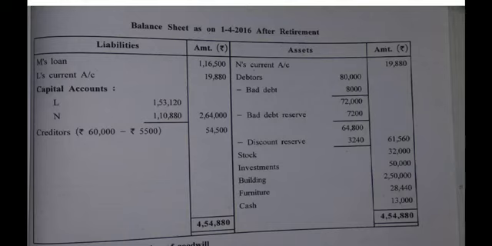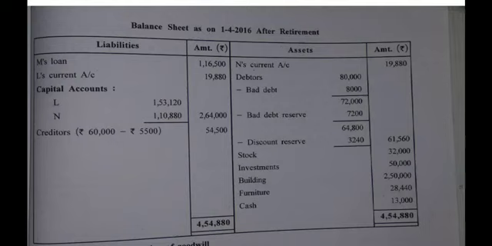I can repeat this. Please hold your textbook if you have it right now, page number 244, second adjustment, and pay attention to the screen. I am reading the adjustment and will also explain the effects given in the new balance sheet. Your adjustment says bad debt of 8,000 is to be written off.